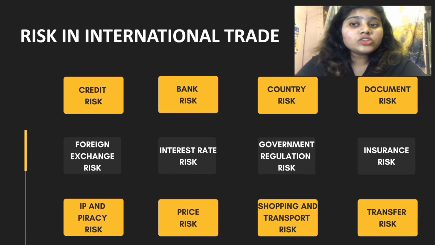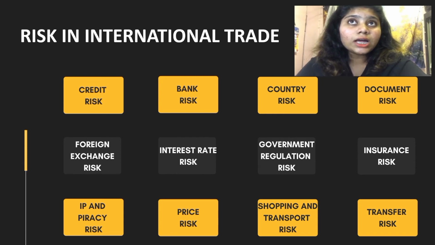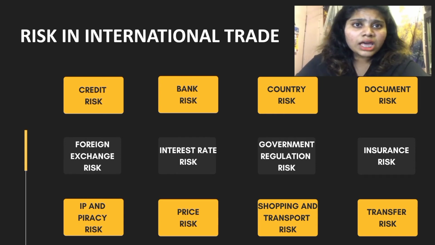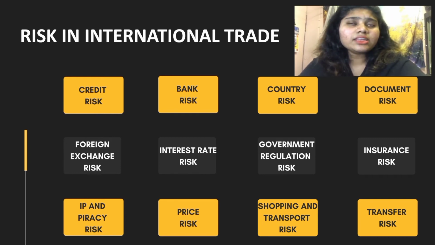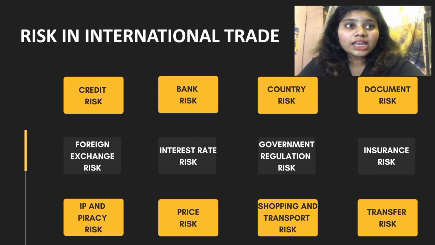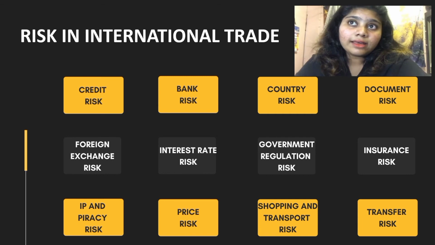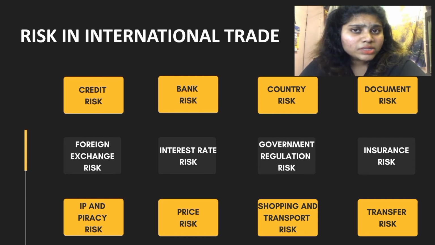Other than that, intellectual property and piracy risk plays an important role in international trade. Intellectual property risk is the risk that third parties may make unauthorized use of the business's strategic information, such as studies, research, agreements, contracts, client lists, trade secrets, and many other things, or property that directly or indirectly affects the value of the business when doing business internationally.